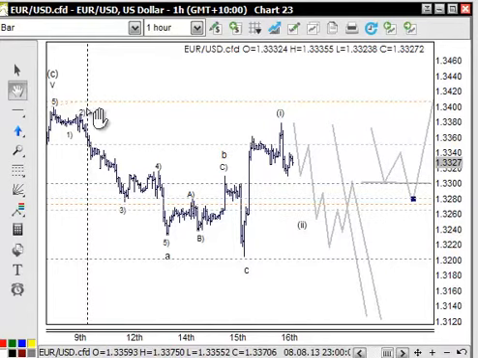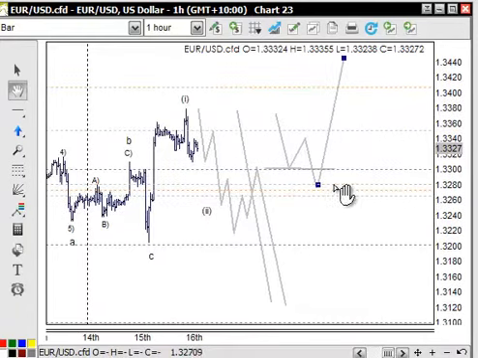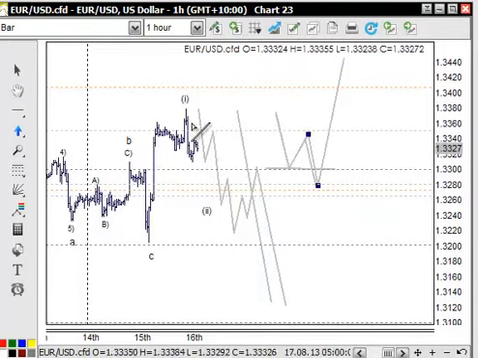So yeah, look, we have to wait for this to unfold here, and we knew that. You just have to wait, and the higher that you can buy this, the better. But you do need to have that 3 wave price action there, and it could be this one here.